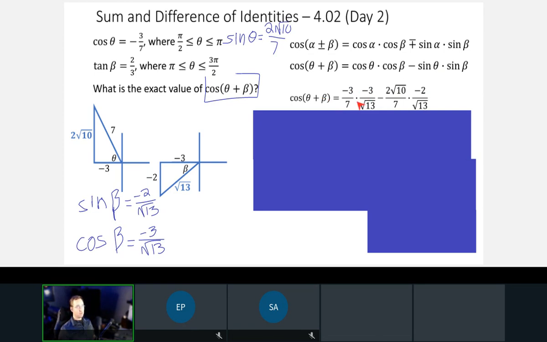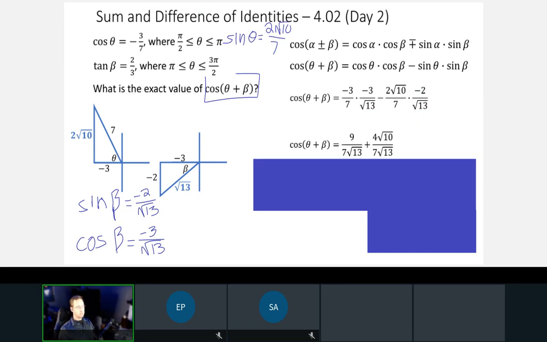So we have to multiply these two together and then multiply these two together. Remember, there's a minus sign between these. It's going to be this stuff minus this stuff, whatever we get. So let's do that math. And we get that.